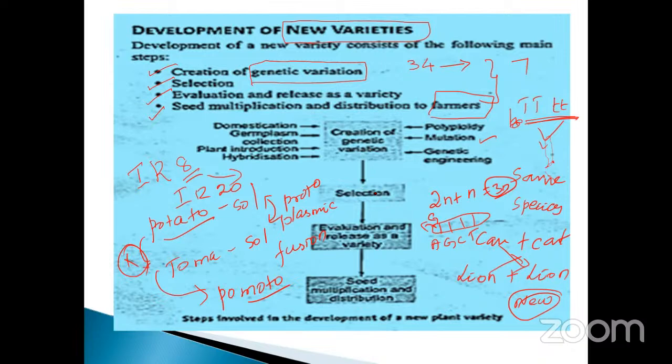Then the selection procedure: which one, which A or B sample, which gene, and the evaluation and release as a variety. After the completion of hybridization, you practice it many times within the lab. After that, when it succeeds, it can be evaluated, and then the distribution.